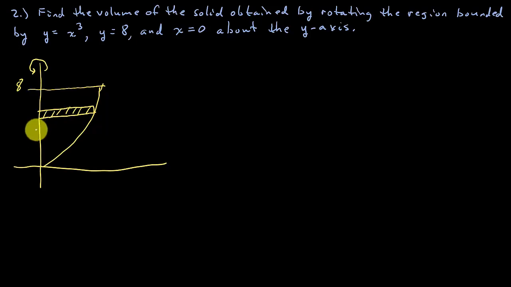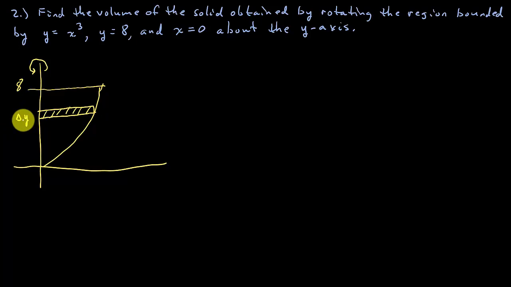So it's drawn perpendicular to the y-axis. And so the thickness is delta y. Now I know the function that I'm going to integrate needs to be in terms of y.